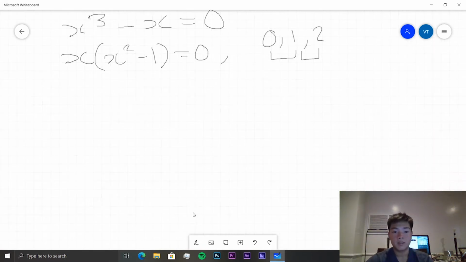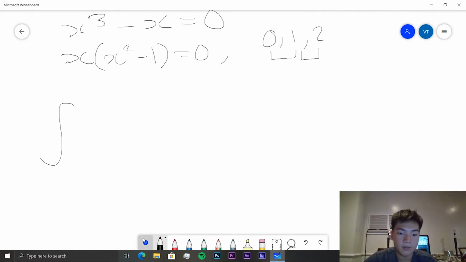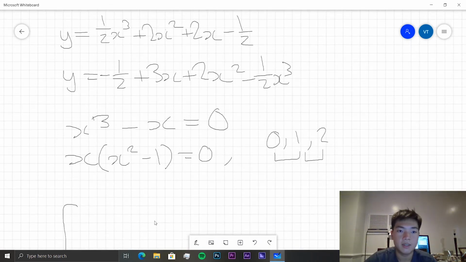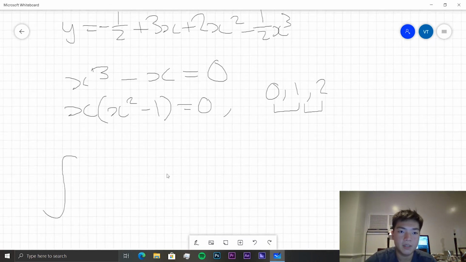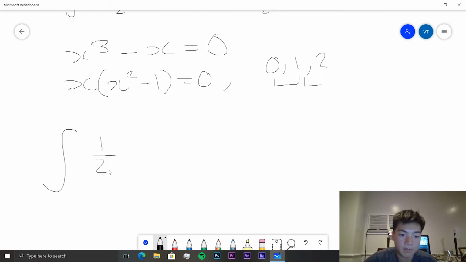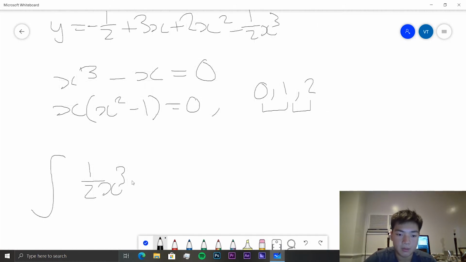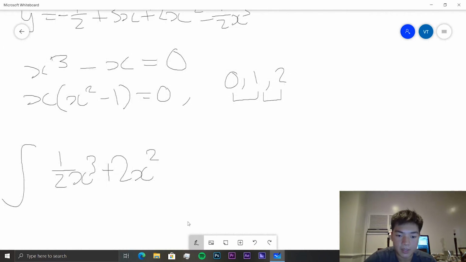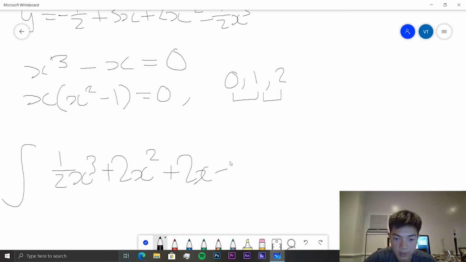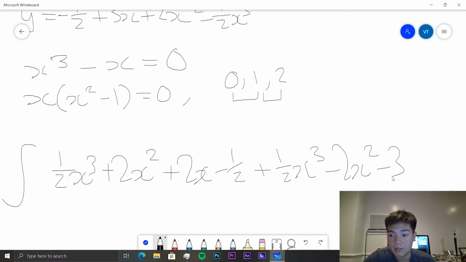So let's just integrate it first. We get the integral of the first one minus the second one. So we have 1/2 x cubed plus 2x squared plus 2x minus 1/2 minus, so plus 1/2 x cubed minus 2x squared minus 3x plus 1/2, dx.